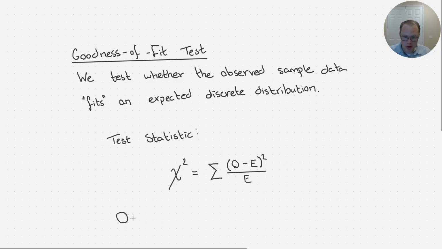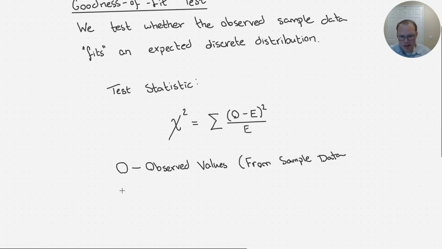Here O are our observed values, from our sample data, and the E in the equation are our expected values, which are what we would expect from theory.